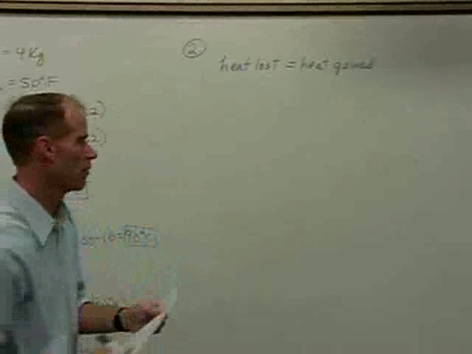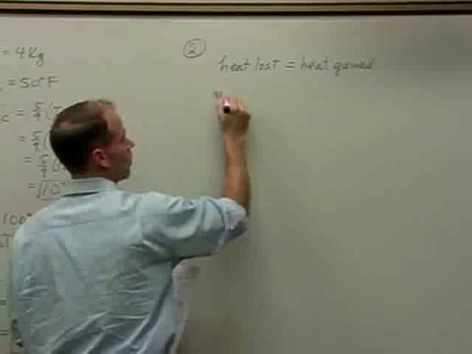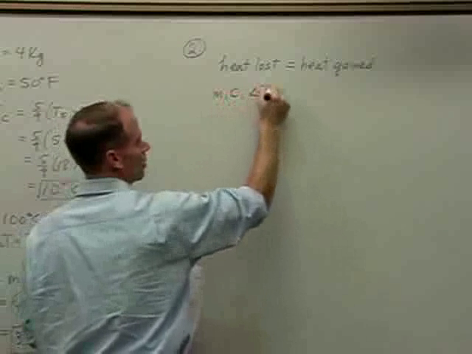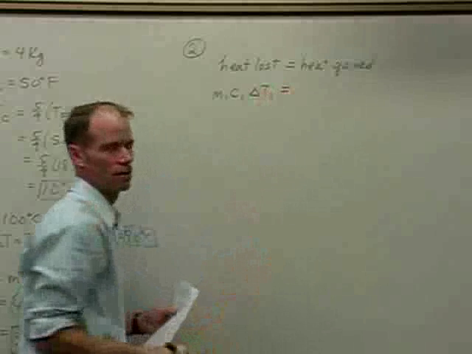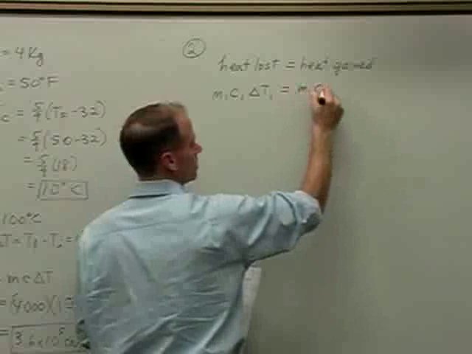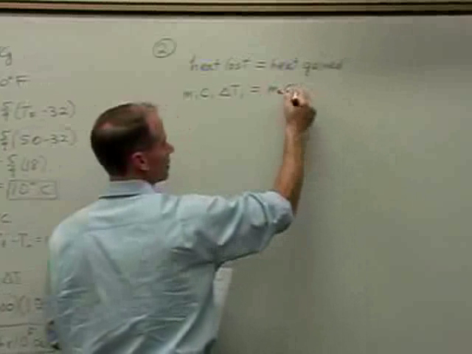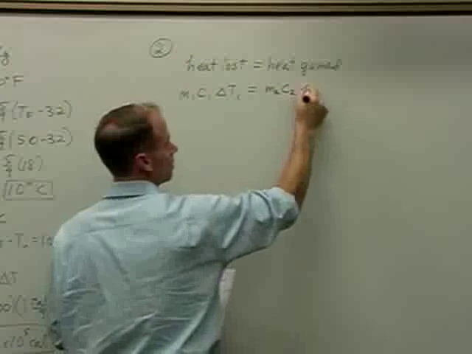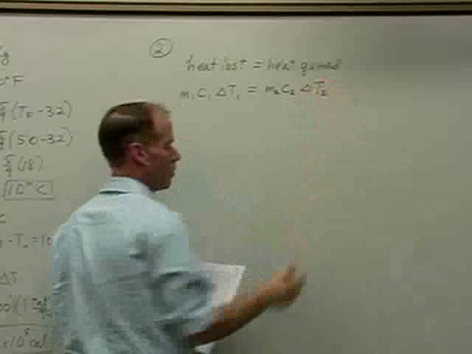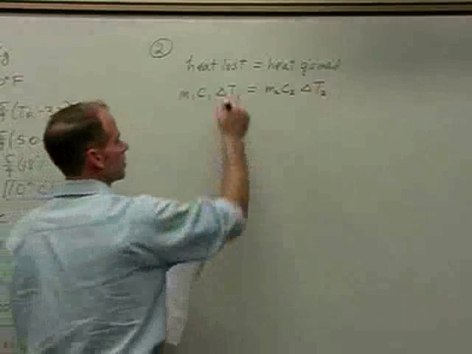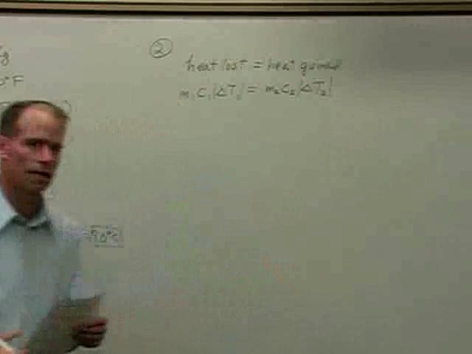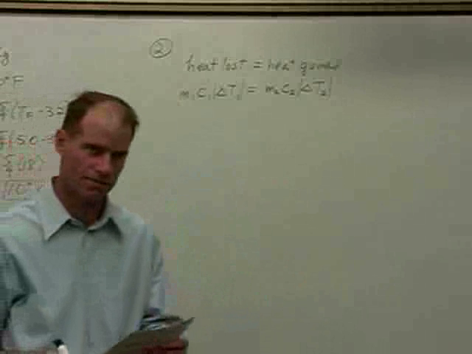And so I can write that mass 1 times the specific heat times the change in temperature of the hot water should be equal to mass 2 times the specific heat 2 times the change in temperature of the cold water, at least the magnitude of that change in temperature. Heat loss should equal the heat gained.